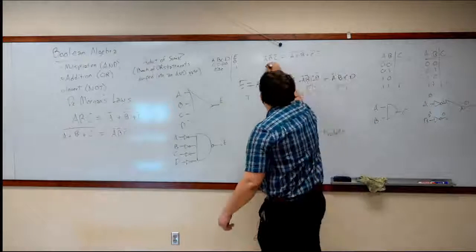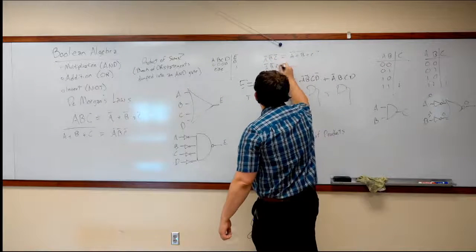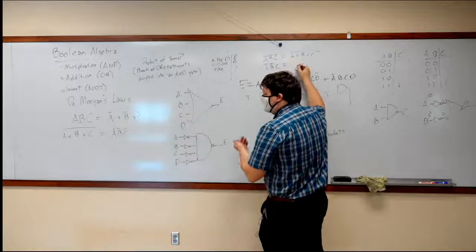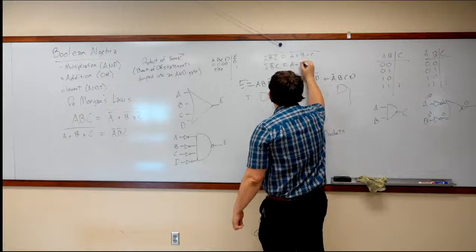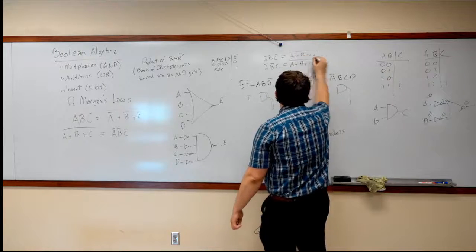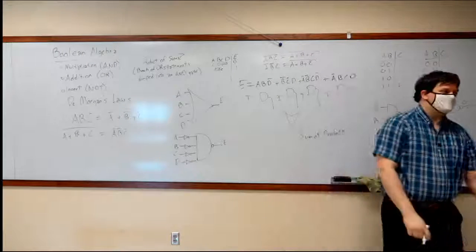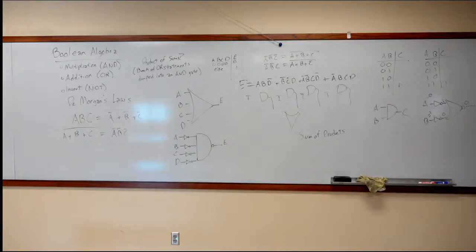If this would have been A not, B not, C not, then we could also write this as A plus B plus C, not, and put that in an OR gate. Those are equivalent now. Okay? And that's how De Morgan's laws work. You can NOR and not as you please. Any questions on this?